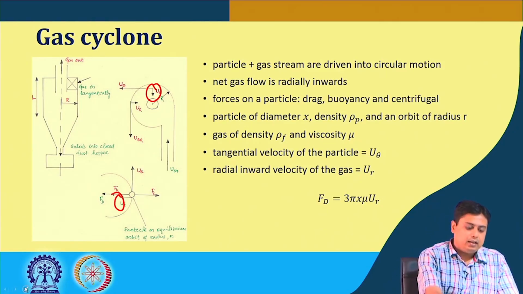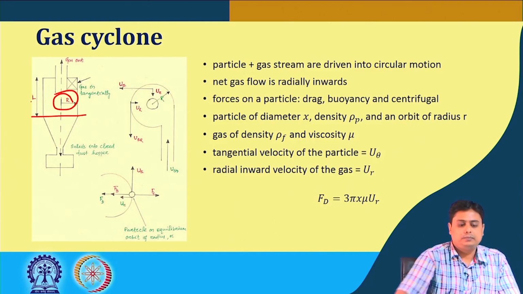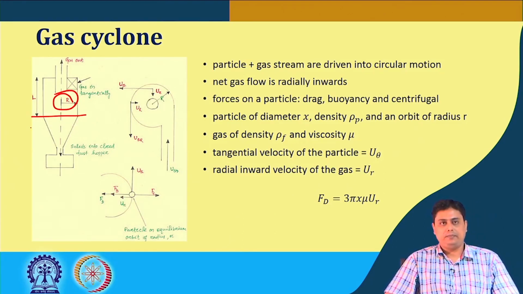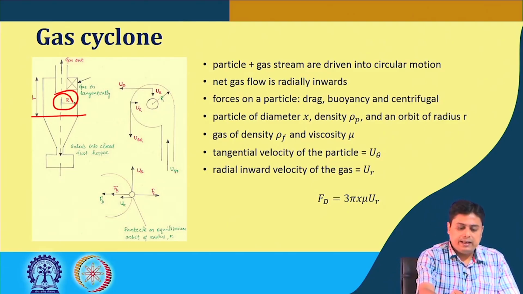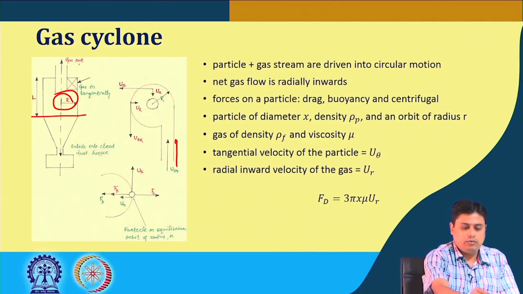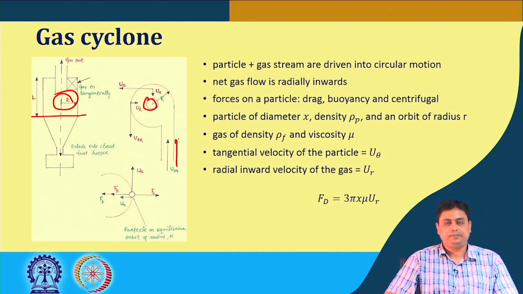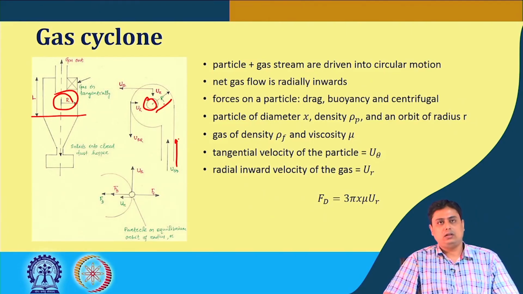Say the radius of this cylindrical portion is capital R, and the length till this position is capital L. This is the velocity inlet if you look from the top, this is the gas outlet, and this is the radius of the cylindrical section.